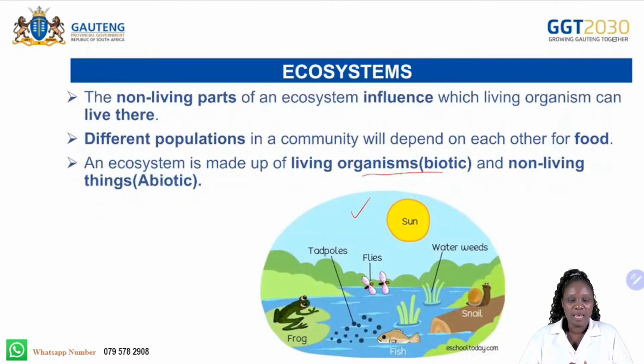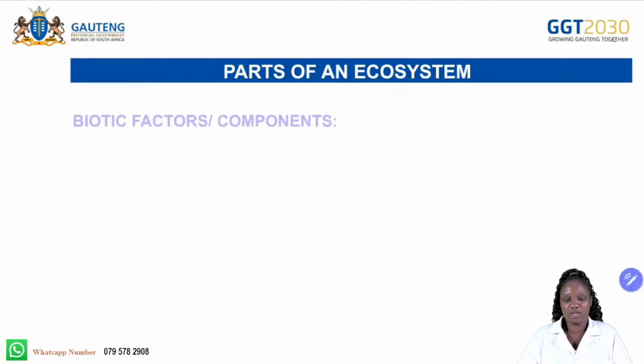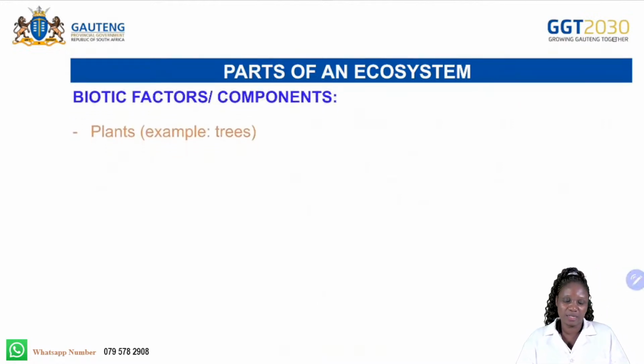Okay, we can say this is freshwater species because of the species that survive there. All right, remember, we've got freshwater species, we've got seawater species. All right, these are different. Okay, this is a nice picture. Grade 8. Let's look at parts of an ecosystem.